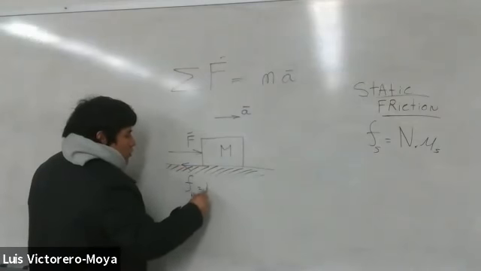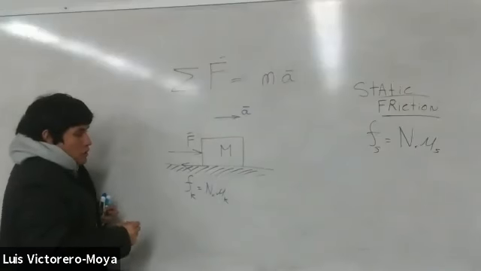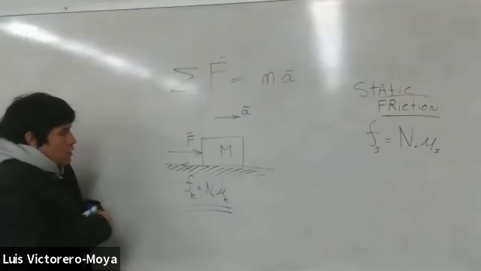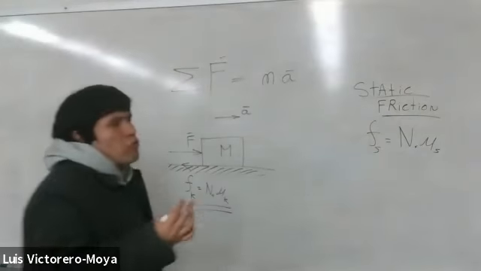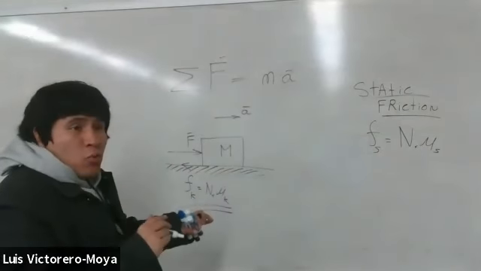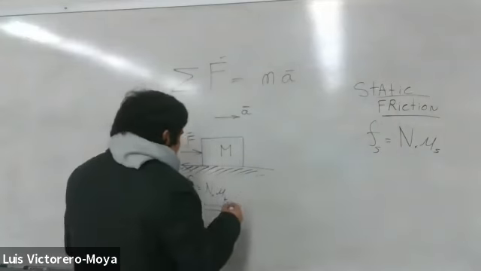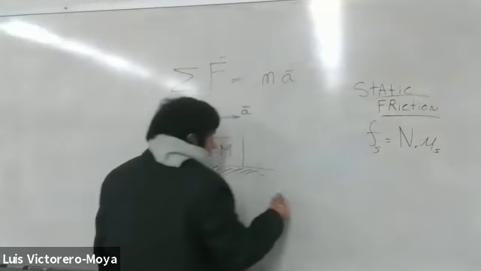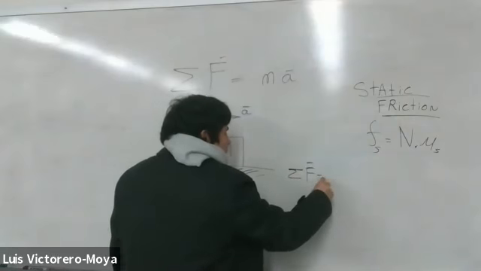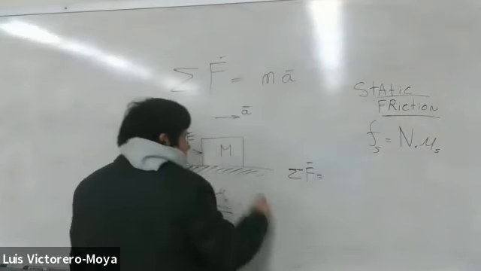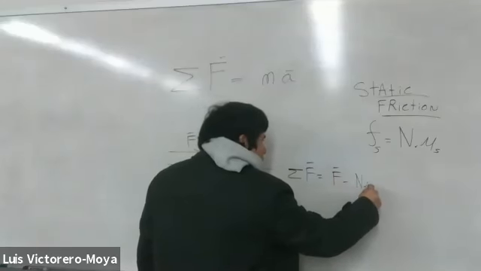Fk is the normal times mu k. This is always less than the static friction. You need more force to start moving an object. Once you move the object, you still have some friction, but it's easy to keep it in motion. So if your force is F, the net force is F minus normal times mu.